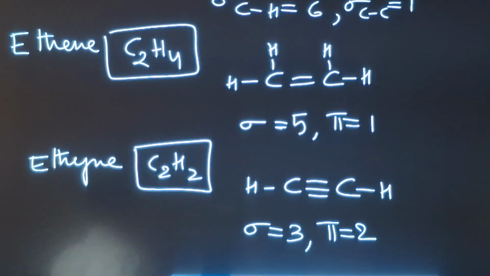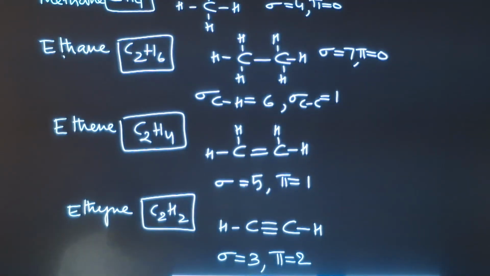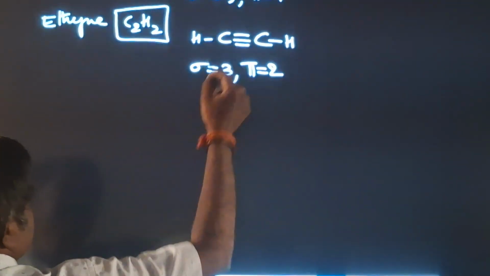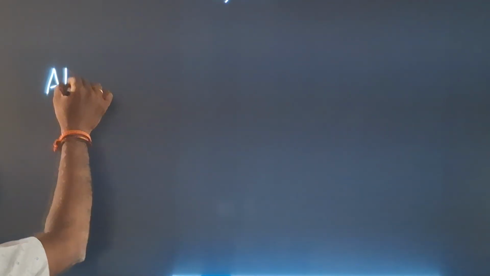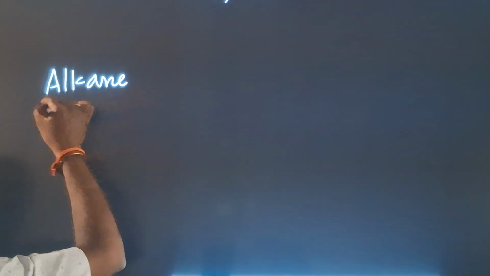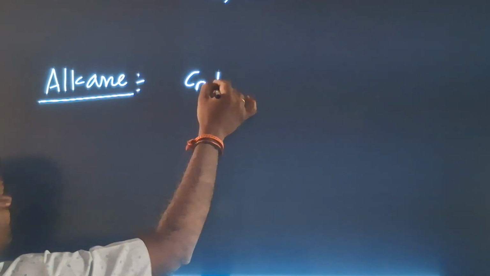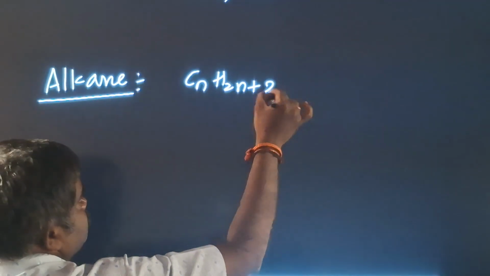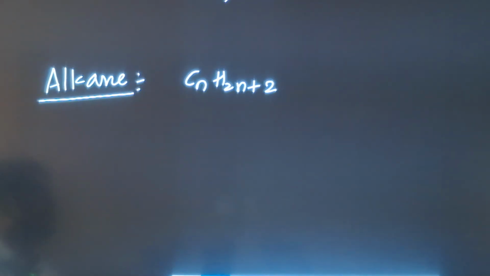Write down. In alkanes, shortcut methods. Listen, the alkane general formula is CnH2n+2.